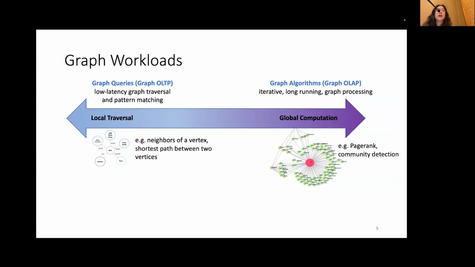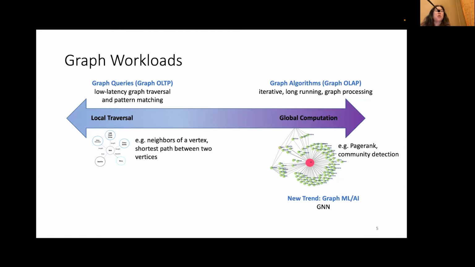On the right-hand side, we have graph algorithms, which usually involve iterative long-running processing of entire graphs. Examples are PageRank and community detection algorithms. And because of the long-running nature, people also call them graph OLAP. And recently, there's also a new trend of combining machine learning and graph together.